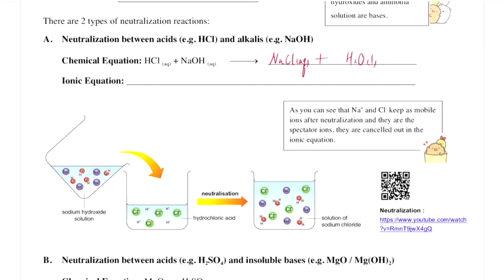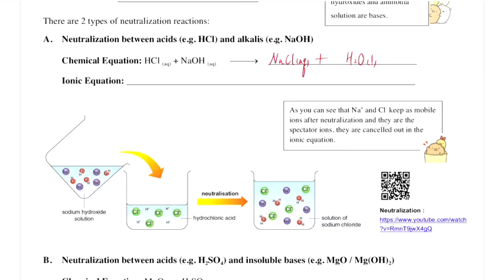Here we have a diagram representing what's happening in this solution. Before this reaction, we have sodium ion, hydroxide ion, and also hydrogen ion and chloride ion. After the reaction, the hydroxide ion combines with the hydrogen ion and forms water molecules. The chloride ion and sodium ion remain as mobile ions in the solution, so we call them spectator ions.